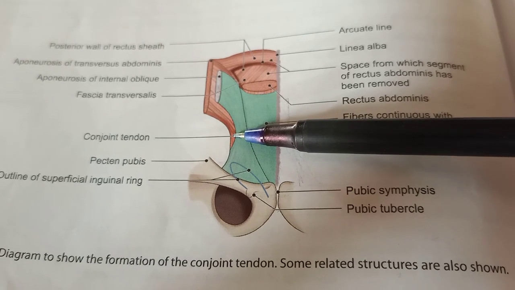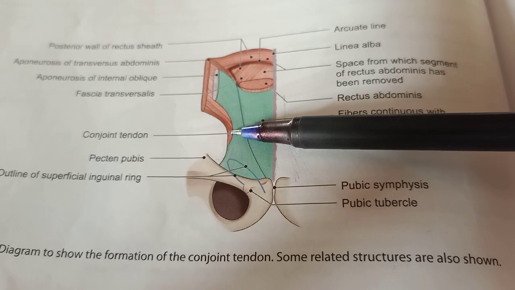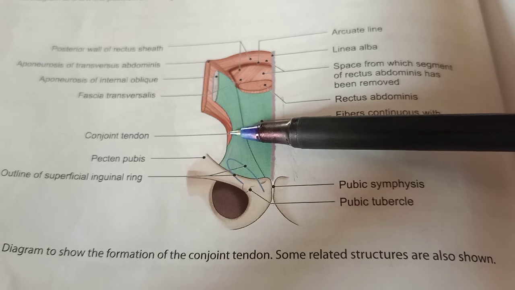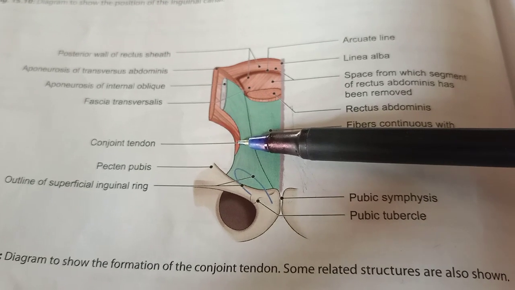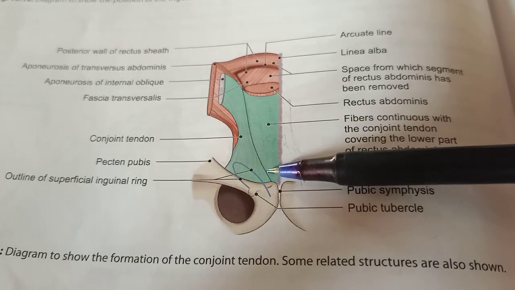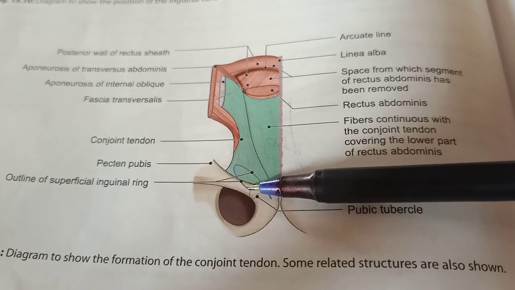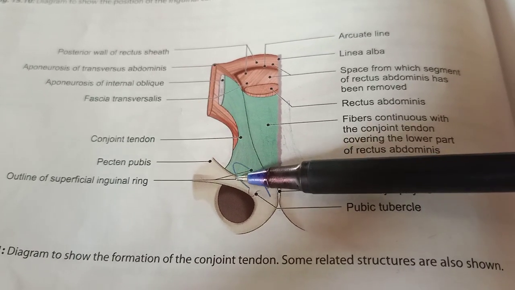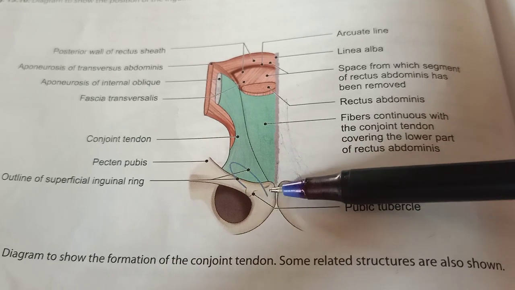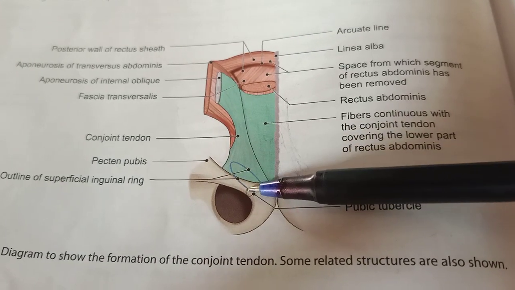Now this conjoint tendon strengthens the abdominal wall at the site where it is weakened by the superficial inguinal ring. Here is the superficial inguinal ring. There is a deep and a superficial inguinal ring, and this is an outline of the superficial inguinal ring.